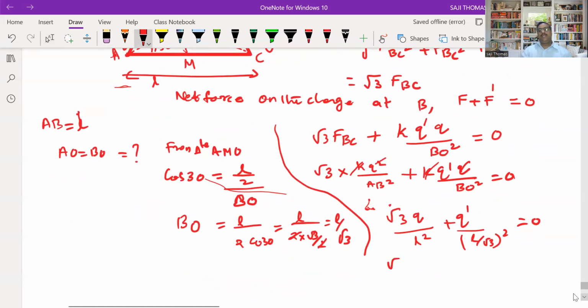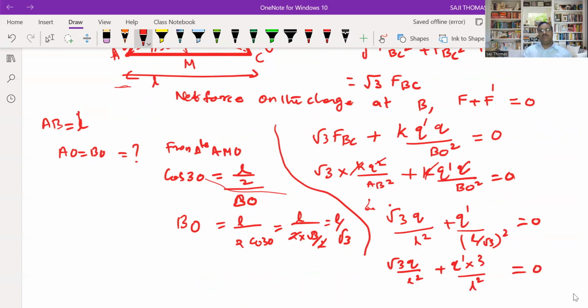So root 3 q by L square plus q dash into 3 by L square equals 0.